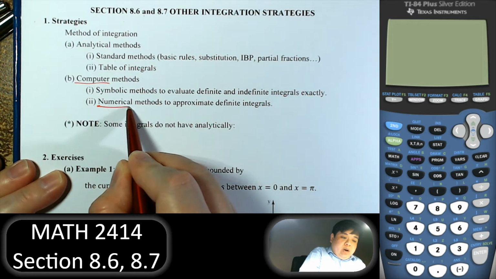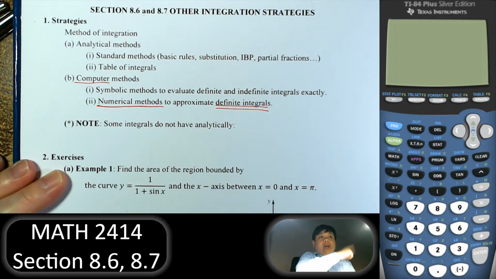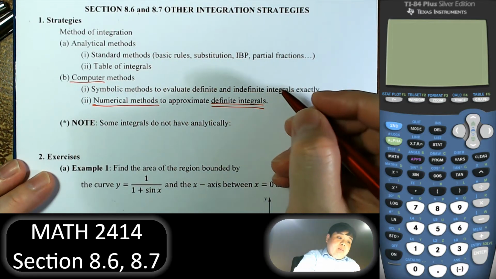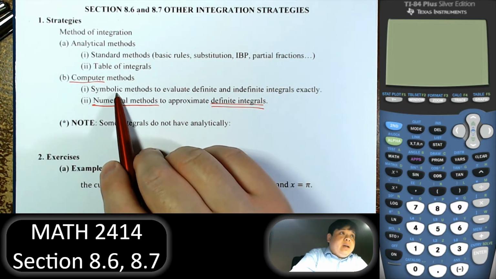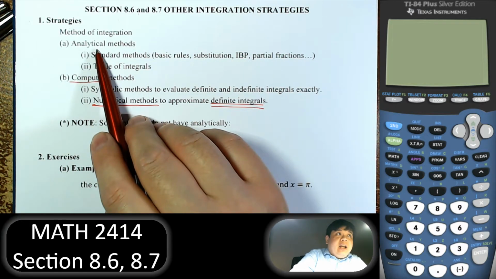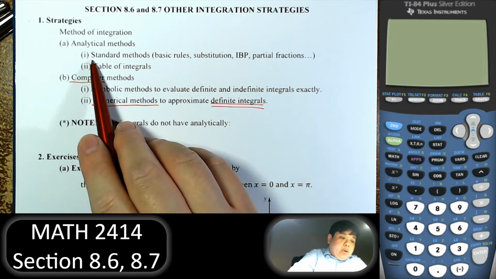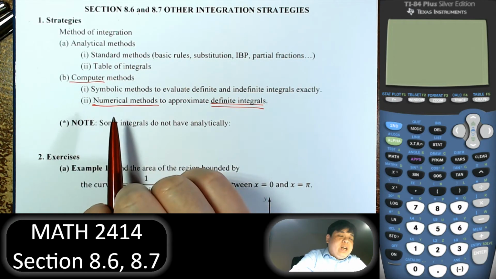This is the numerical method and only applies for definite integral. So we use a calculator. That is section 8.8 right after this. We don't use the symbolic method here. And mostly the analytic method, we only do the standard method. We don't do a lot of table integrals.